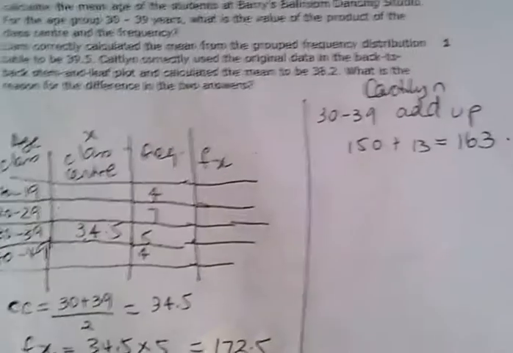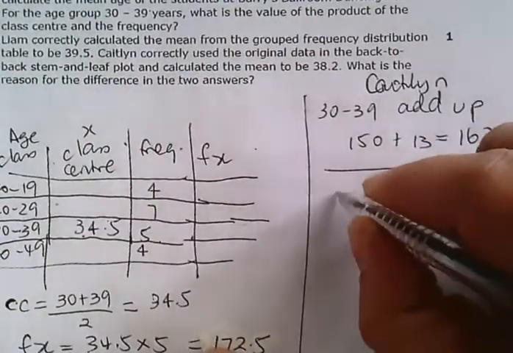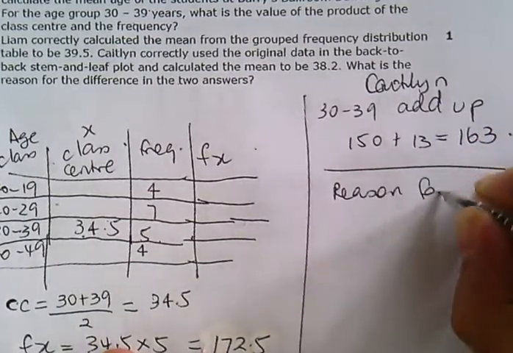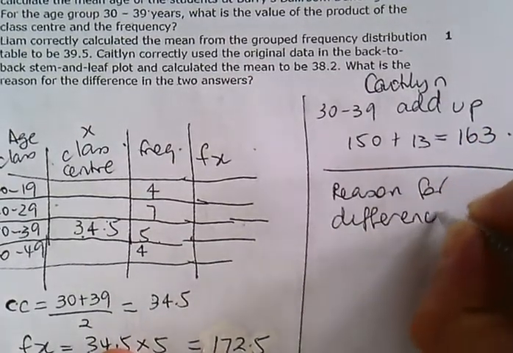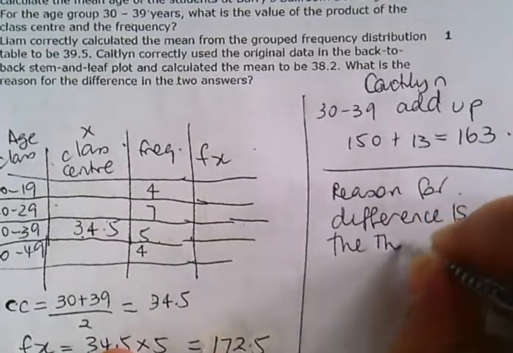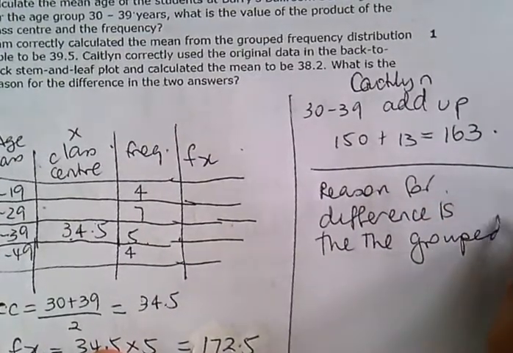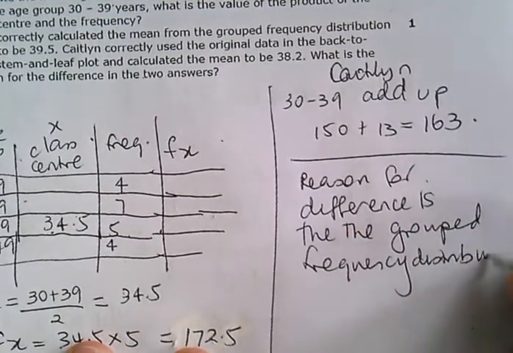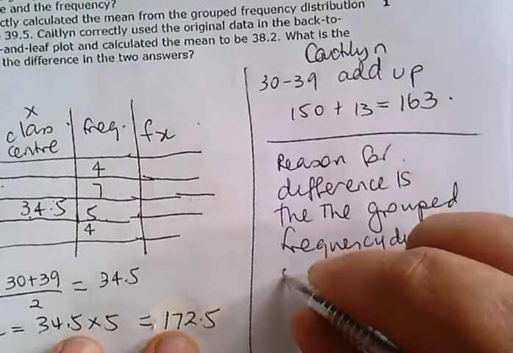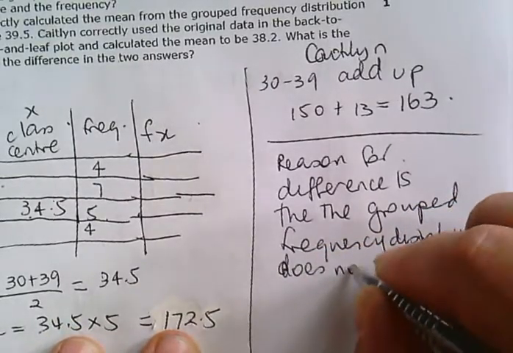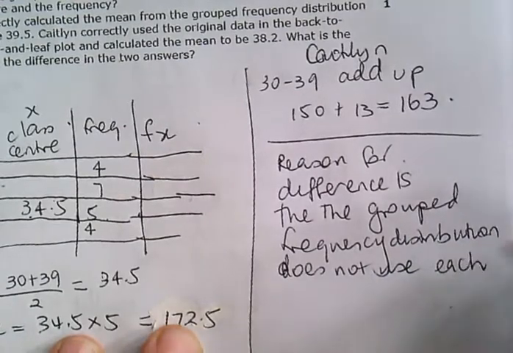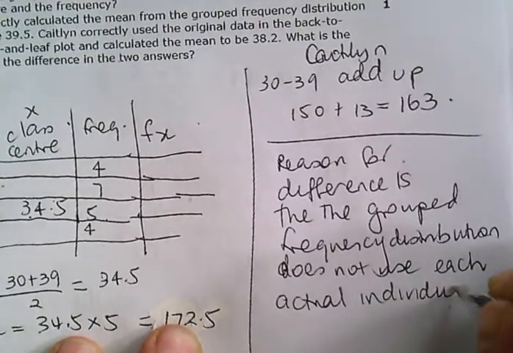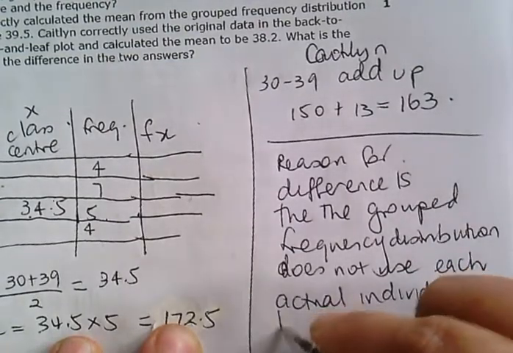Does it make sense? So what is the reason for the difference? The reason is that the grouped frequency distribution table does not use each actual individual score to calculate the mean.